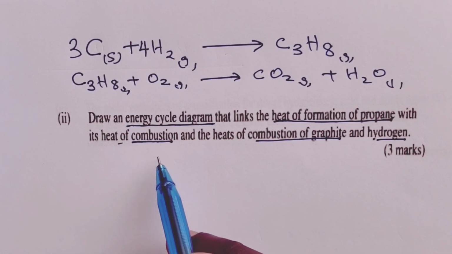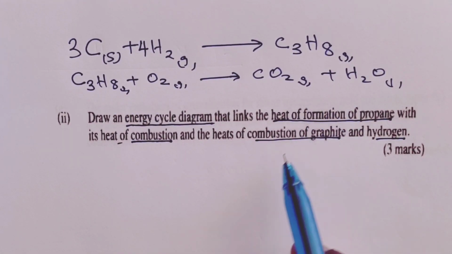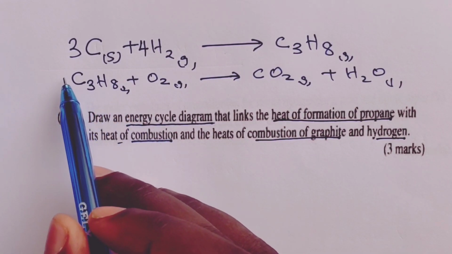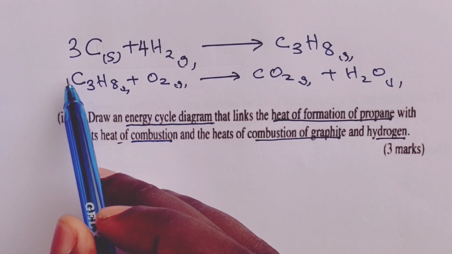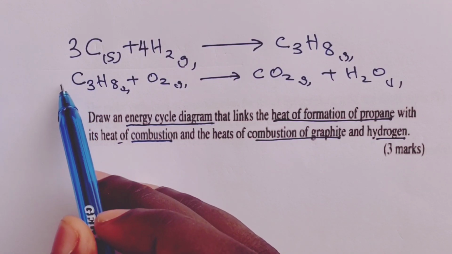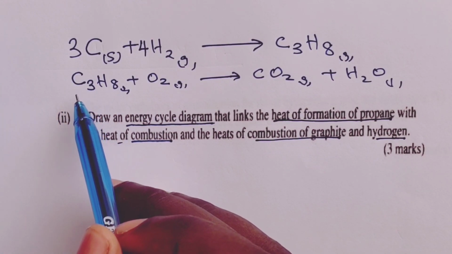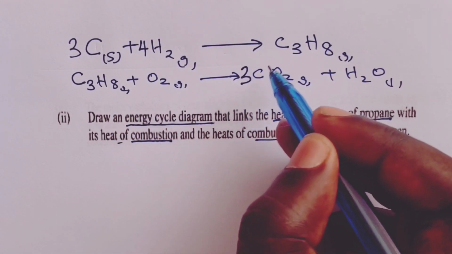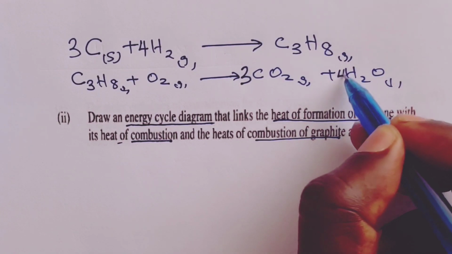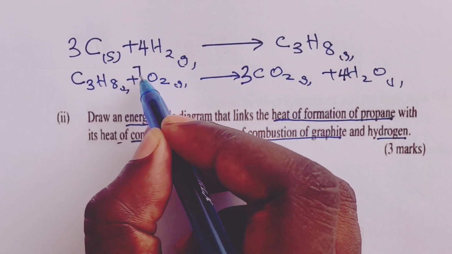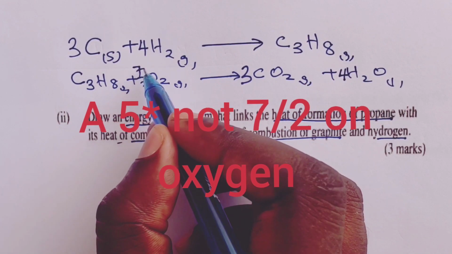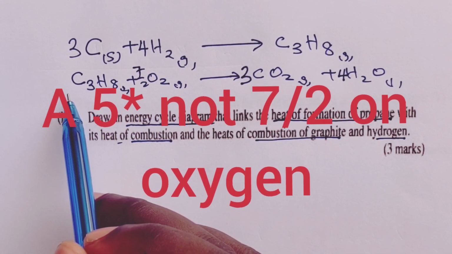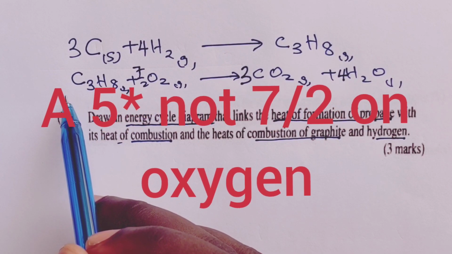Now, for our equation to qualify to be heat of combustion, we need to balance this equation as we maintain 1 on our propane. So that would mean a 3 on carbon dioxide, a 4 on water, but then a 7/2 on oxygen, so that we maintain 1 as the number of moles of propane being burnt.